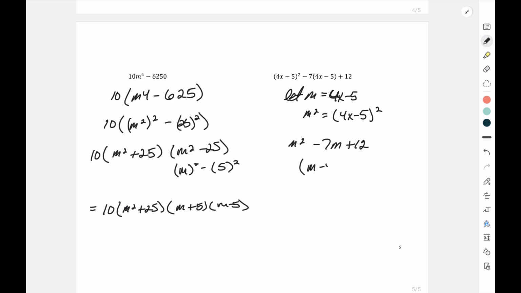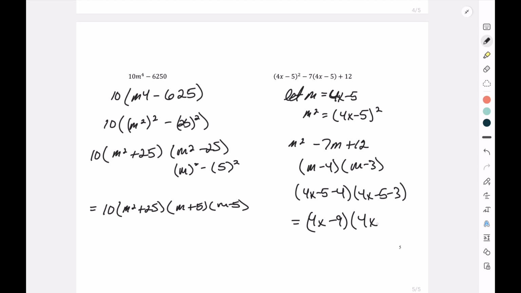So m minus 4, m minus 3. Plugging our value back in, we have 4x minus 5 minus 4, and 4x minus 5 minus 3. And our final answer would be 4x minus 9 and 4x minus 8.